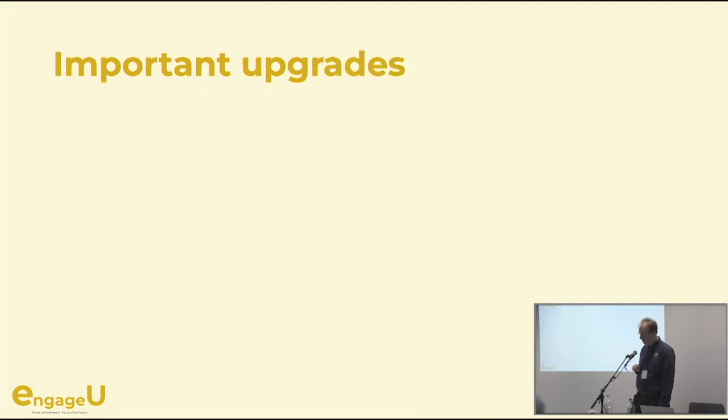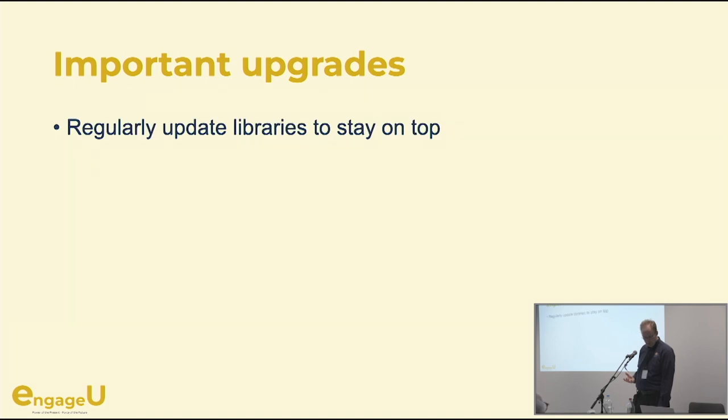Then we have important upgrades. Even if a newer plugin doesn't have a new feature or bug fix you need, you may still want to update the plugin and with us stay on top of all those versions. OpenSSL is a library we use for SSL encryption, and because it's a popular library, a lot of people are looking there for security problems, and they're finding them.